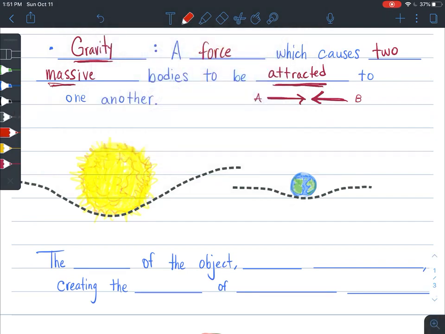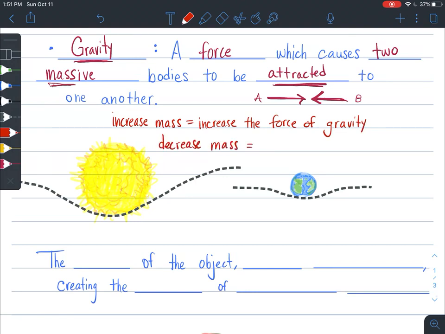So something we want to add here is that if we increase mass, like if we have something like the sun, then we increase the force of gravity. And the opposite is true as well, that if we decrease mass, like in this example the Earth, then we end up decreasing the force of gravity.